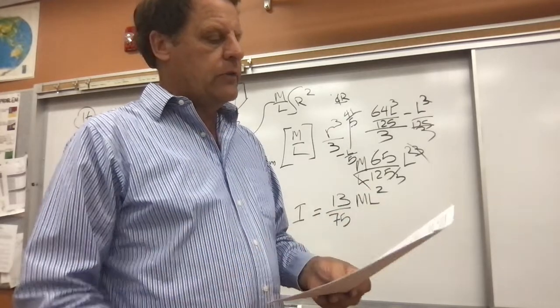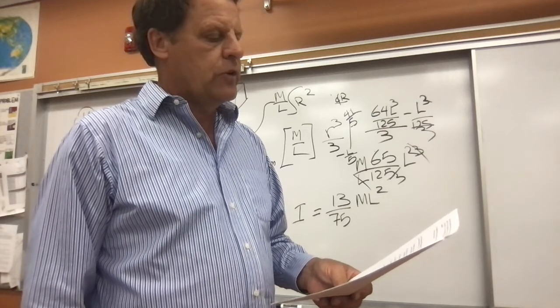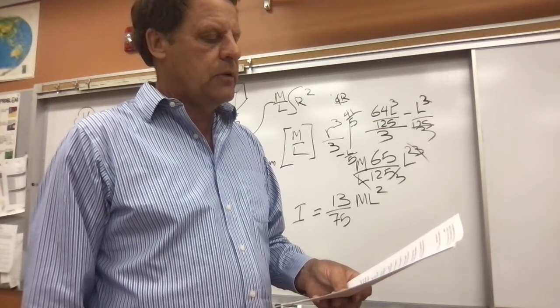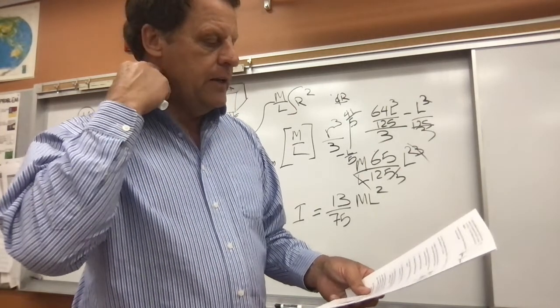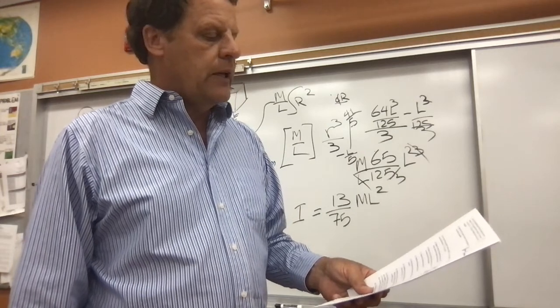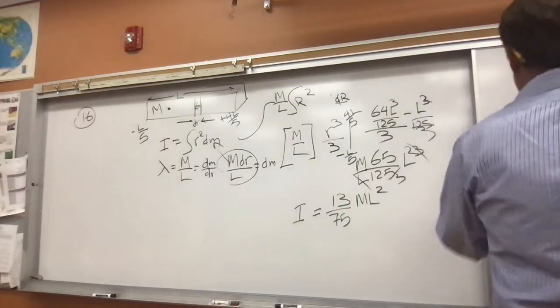All right, and now it says using the parallel axis theorem to determine the moment of inertia of a 5 kilogram sphere with a radius of 10 centimeters connected to an 80 centimeter, 1 kilogram rod rotating about the end. So we're going to see the diagram here.